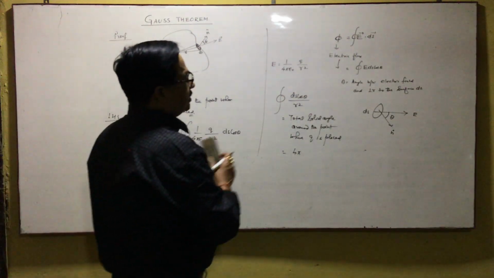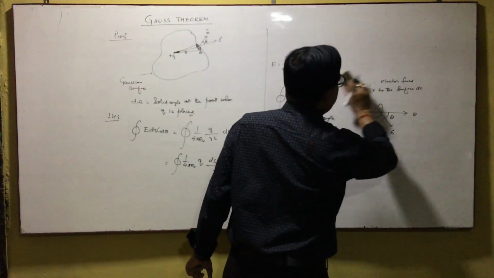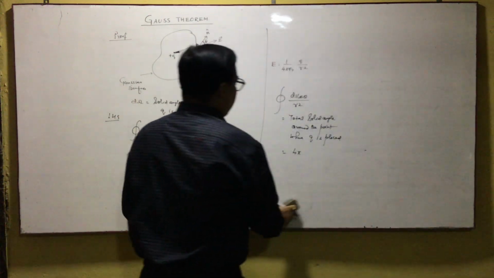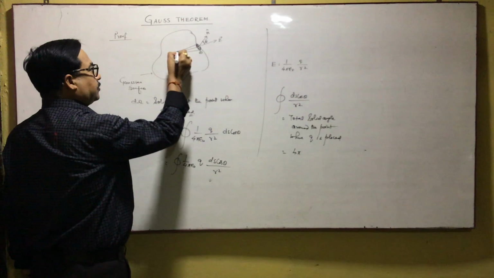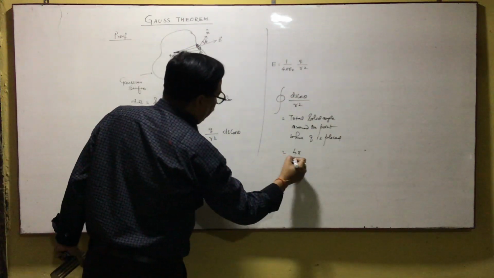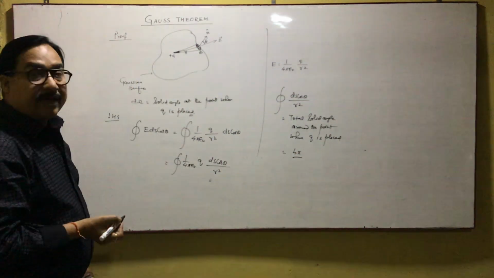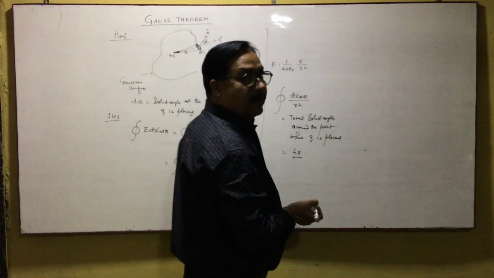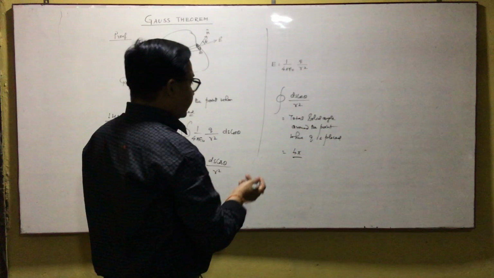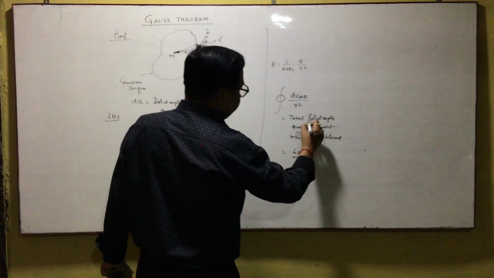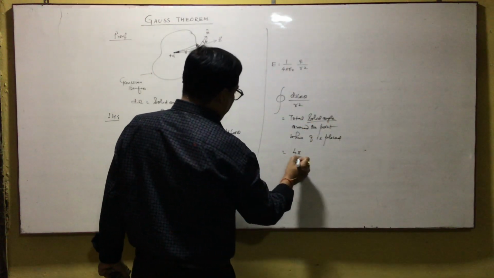We'll discuss the concept of solid angle later on. Here we should know the value. So if you want to know the solid angle around a point, that is always equal to 4 pi. Just like that the plane angle around a point is 2 pi. Similarly, the solid angle around a point is 4 pi.